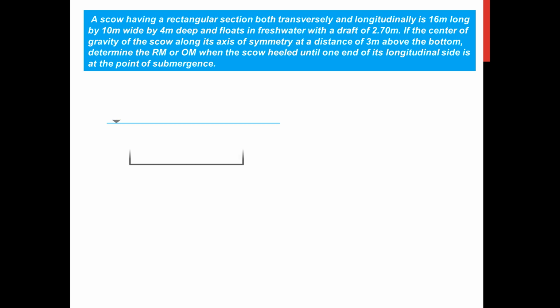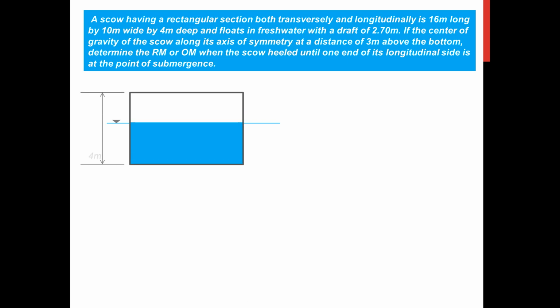So to start with, of course, we illustrate the scow in an upright position first. Of course, we take note of the wetted portion. So here we have the dimensions. The overall height will be 4 meters. And the width is 10 meters with the length of 16 meters. So this is the draft. According to the problem, that is 2.7 meters.